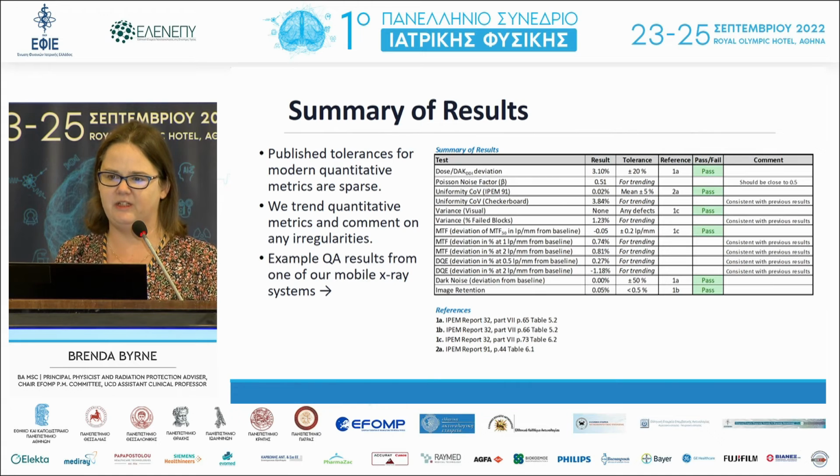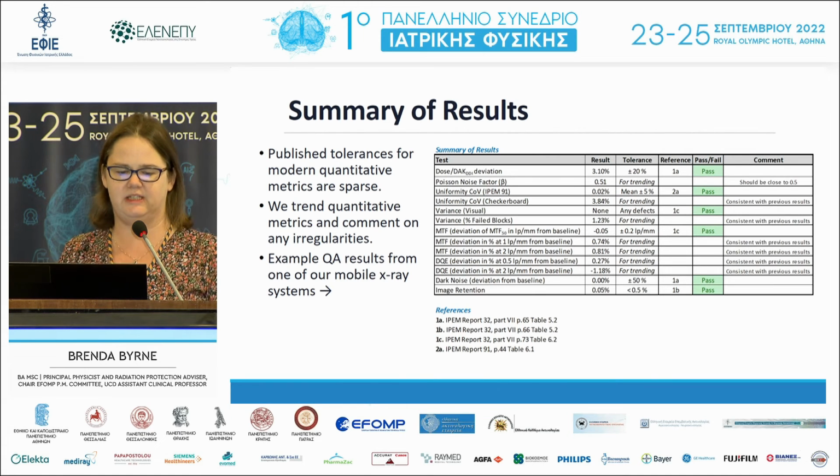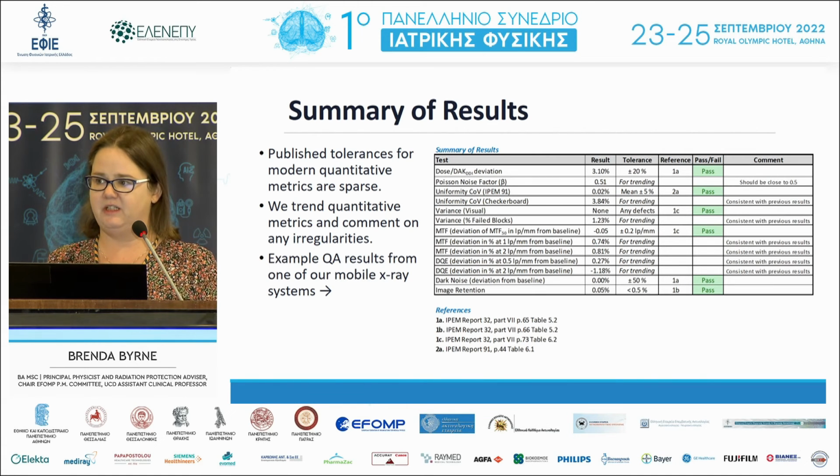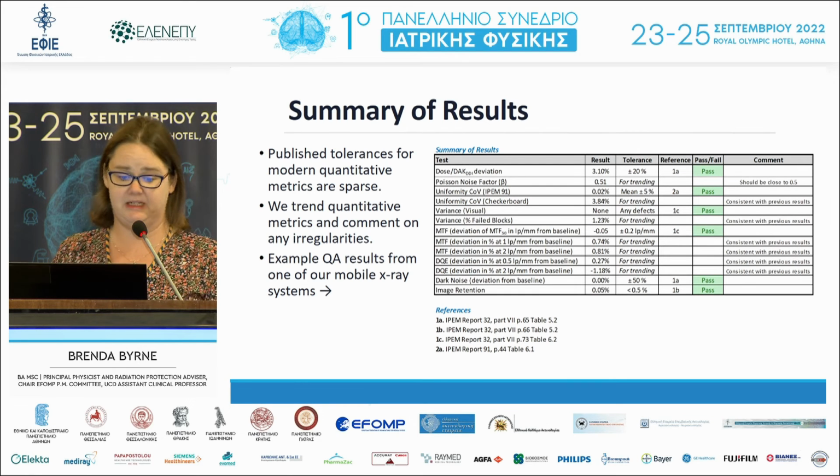The problem with DRQA and with digital detectors is that published tolerances for modern quantitative metrics are sparse. There's nothing really included in a lot of the recommendations, even in RP 162. So what we tend to do is trend our quantitative metrics and compare them and comment on any irregularities.